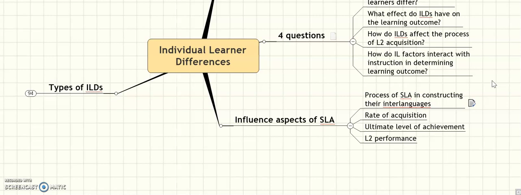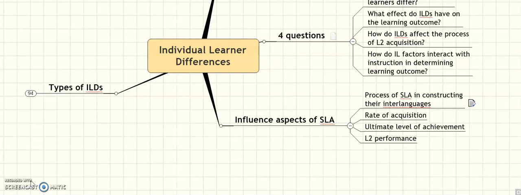The next thing that is influenced by ILDs is the ultimate level of achievement. Some students may achieve native-like competence or proficiency. Some or many will never achieve that level.